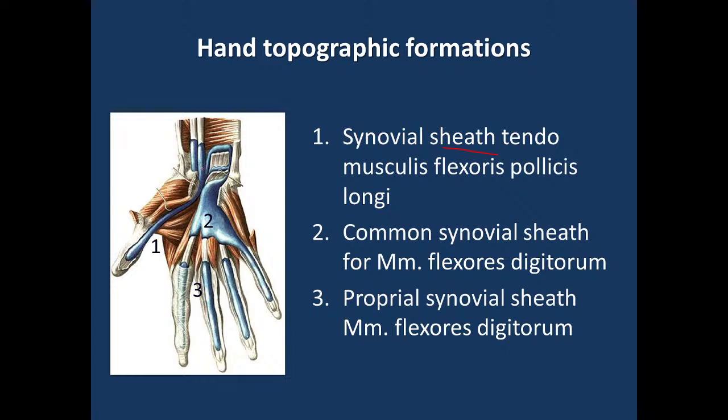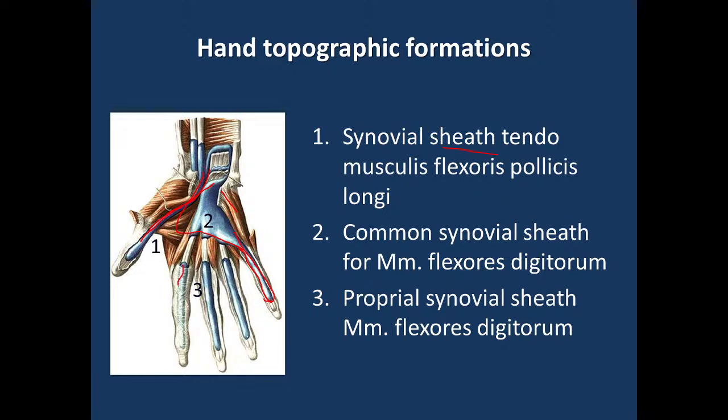Here you see the sheaths for tendons of the anterior group, and this is the synovial sheath for the flexor pollicis longus, and also you see the common synovial sheath for flexors, which continues to the distal part of the digitus minimus.